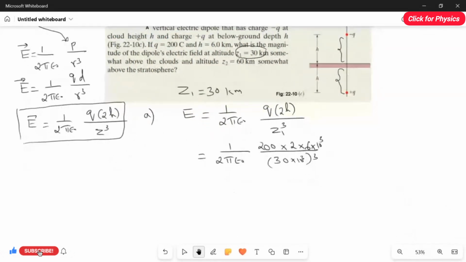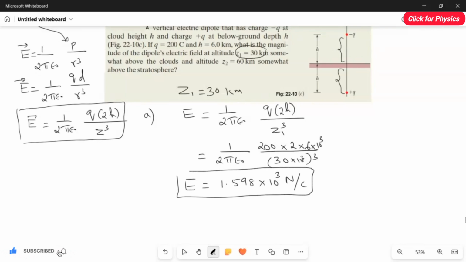Here we got the answer E equal to 1.598 multiplied by 10 power 3, and the unit for the electric field is newton per coulomb. So this is the answer for the electric field due to the dipole at this height, 30 kilometer.